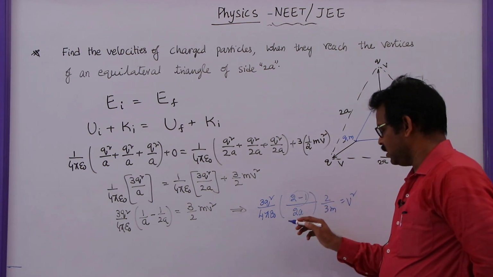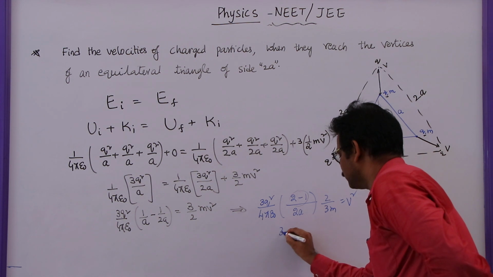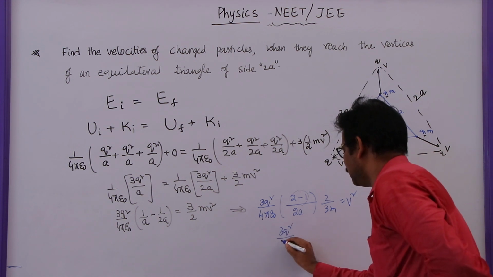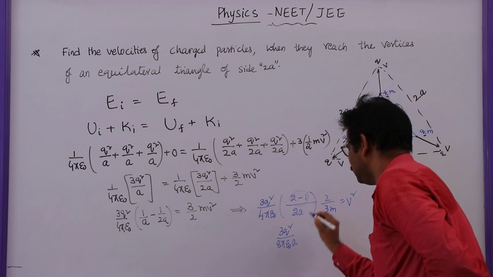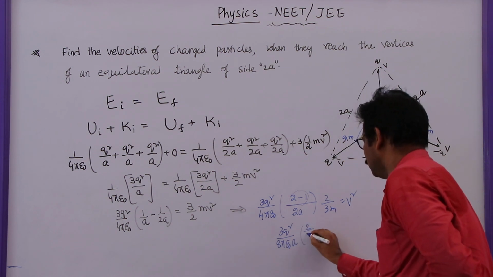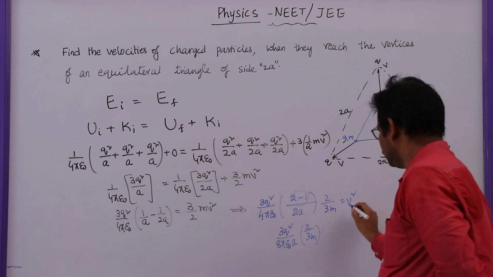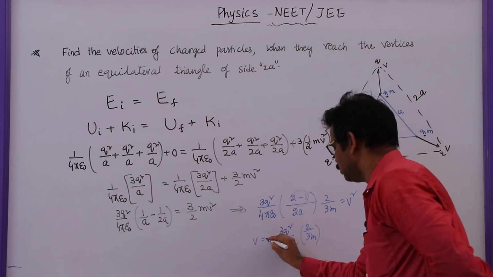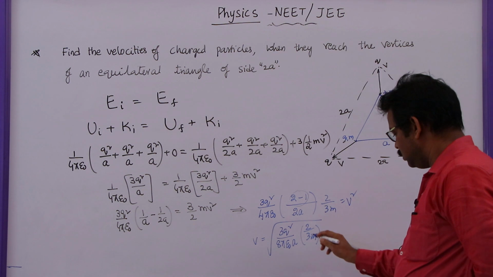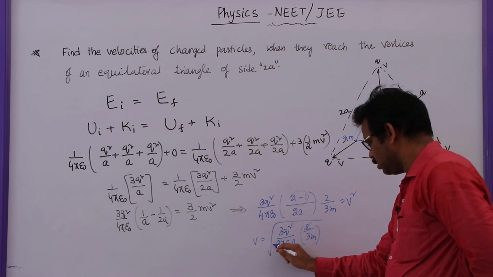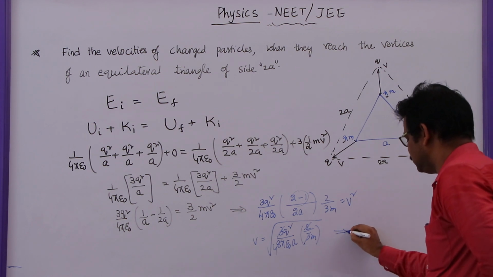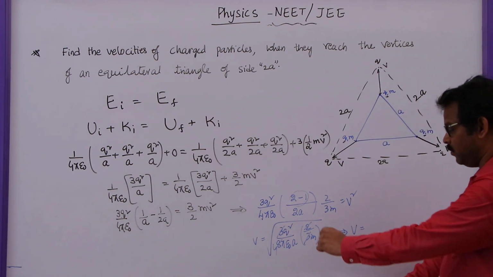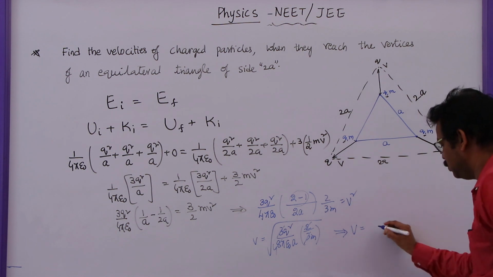So this will be 3q square by 8 pi epsilon naught A into 2 by 3m equal to v square, or v is equal to the square root of this value. You can cancel the 2s, and the 3s get cancelled. This will be 4. So the velocity of each particle will be, when q square comes out, it becomes q.